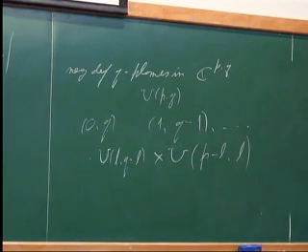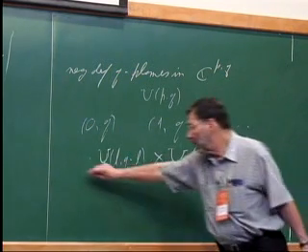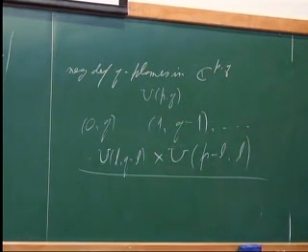Okay, so what does the maximal compact subgroup of this look like?